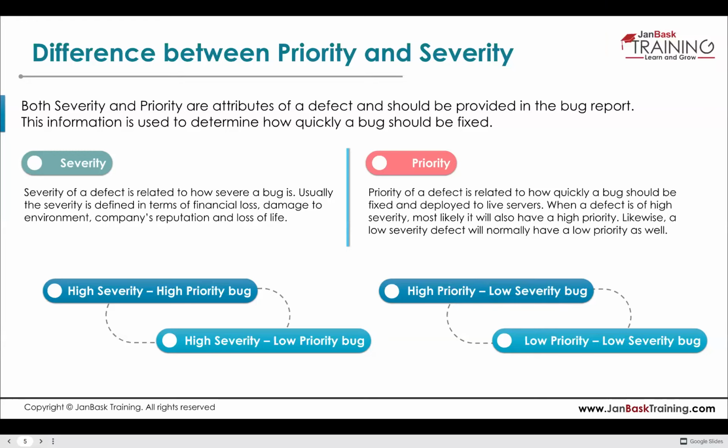In this case, we can take the example of this logo. If there is a spelling mistake in this logo, that is a low severity bug. It's not affecting the functionality of the application, but it's a high priority bug for the developer, because if your logo is not correct, that might affect the brand value.